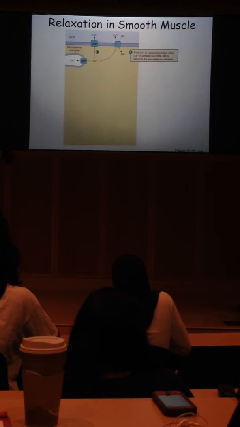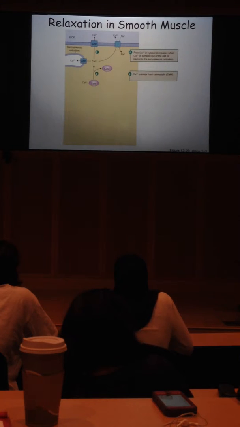When calcium shuts down, there's no more calcium influx, and then calcium has to be excluded in two different ways. Calcium is pumped back into the sarcoplasmic reticulum, or is pumped out of the cell through a sodium-calcium exchanger. After calcium has decreased, calcium will then unbind, so it will leave calmodulin.